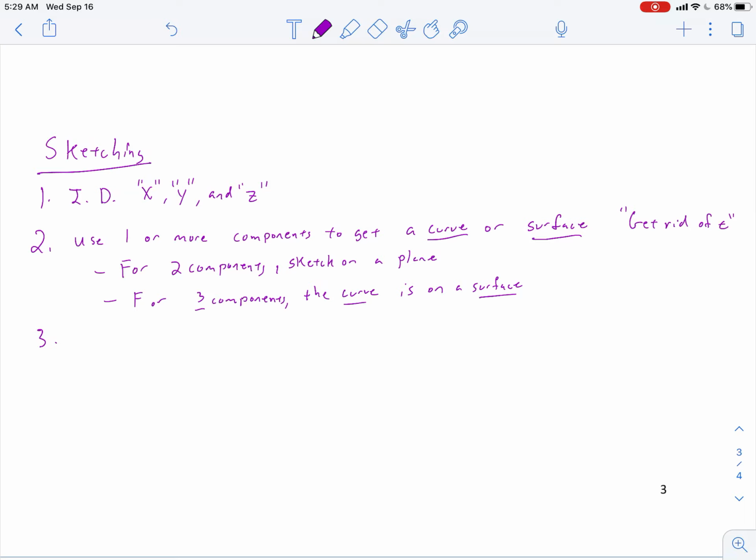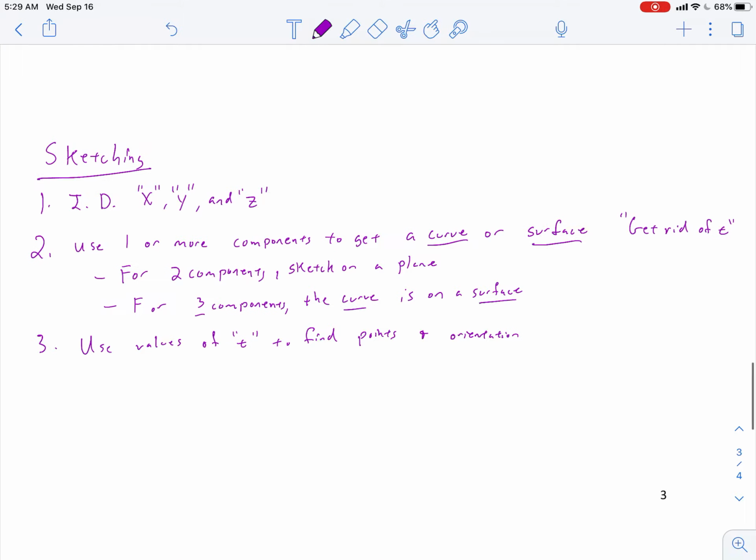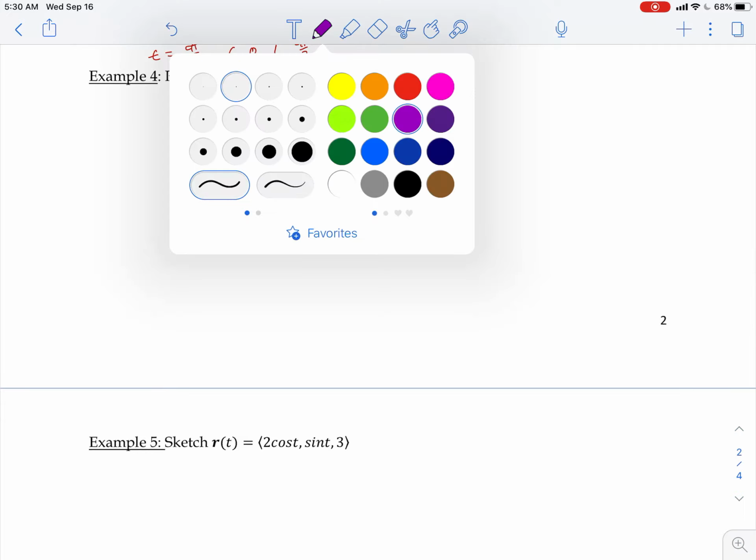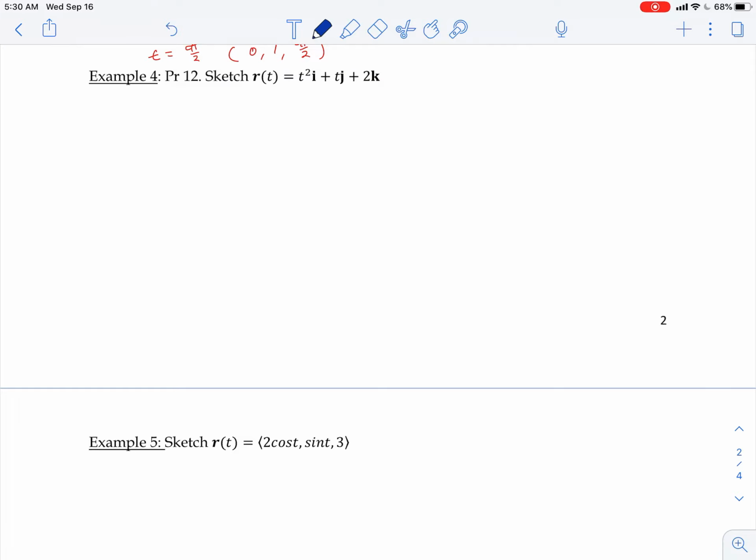All right, so the third one: use values of t to find points and orientation. That's the rules we're going to use for sketching a curve. So we're going to do two together, one more on this page, and then we'll do the next one in the next video.